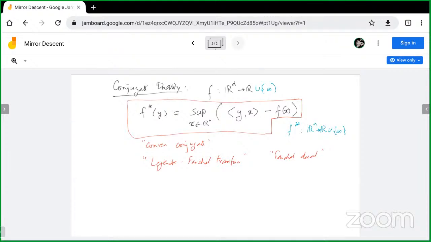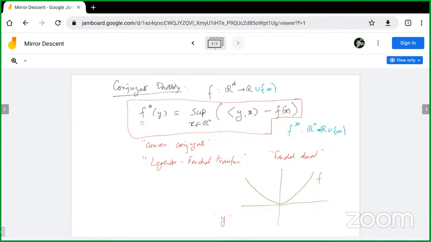So let's draw the picture, right? Okay, suppose this is your f. Now suppose I want to find the value of this f star at y. So I have some y. Then what am I asking?